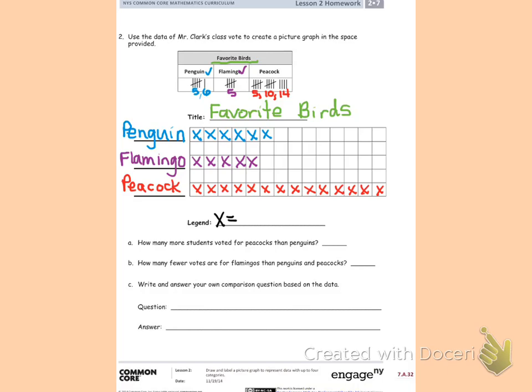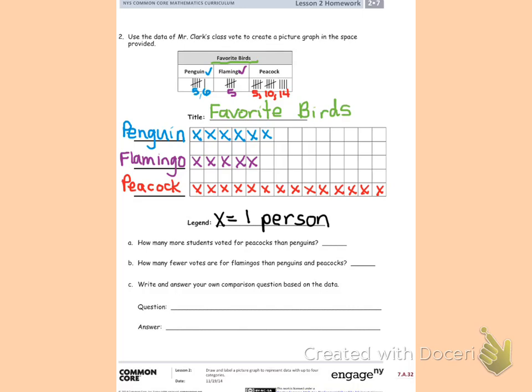Each X represents one person. This way, when a person is trying to figure out the number of people that chose each of the animals as their favorite bird, they know what to count by. Since each X represents one person, they'll count by ones.